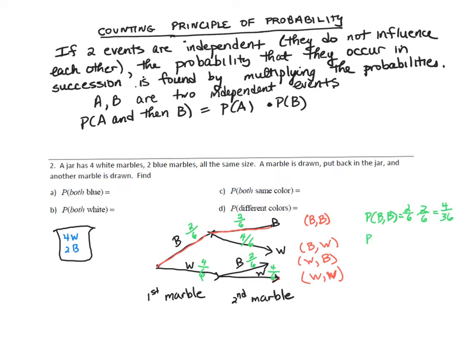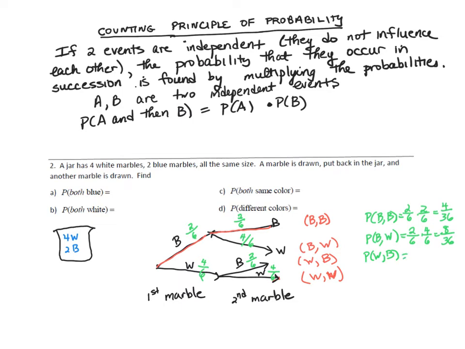The probability that the first marble's blue and the second one is white would be 2/6 by 4/6, which is 8/36.